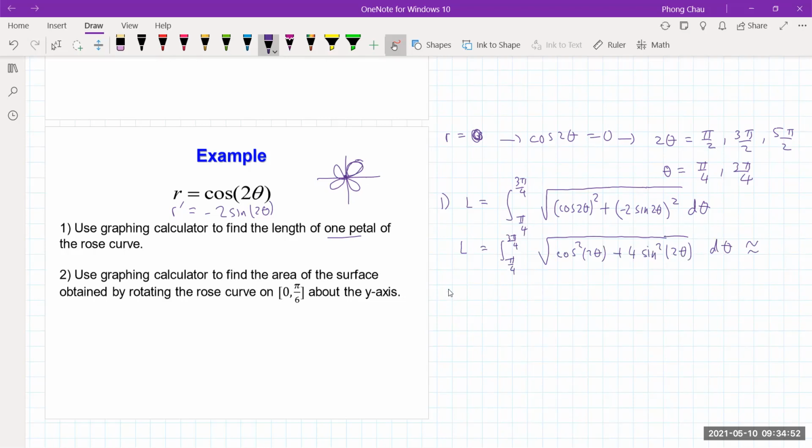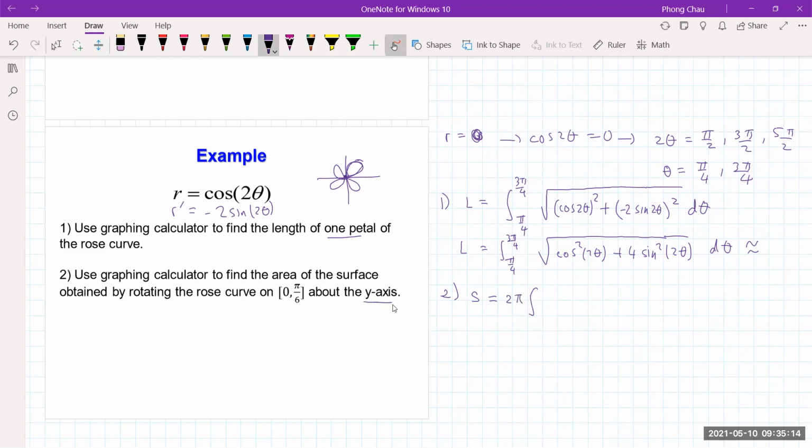Done. Now for number 2, we're going to find the area of the surface on this interval from 0 to pi over 6. It's going to be the same as that one, right? Remember the surface area. This time, you're going to have a 2 pi radius.